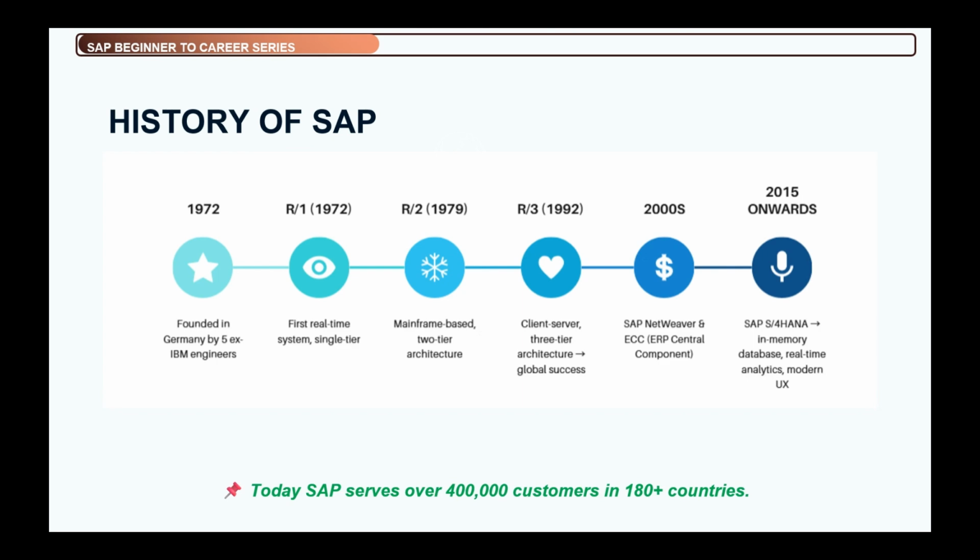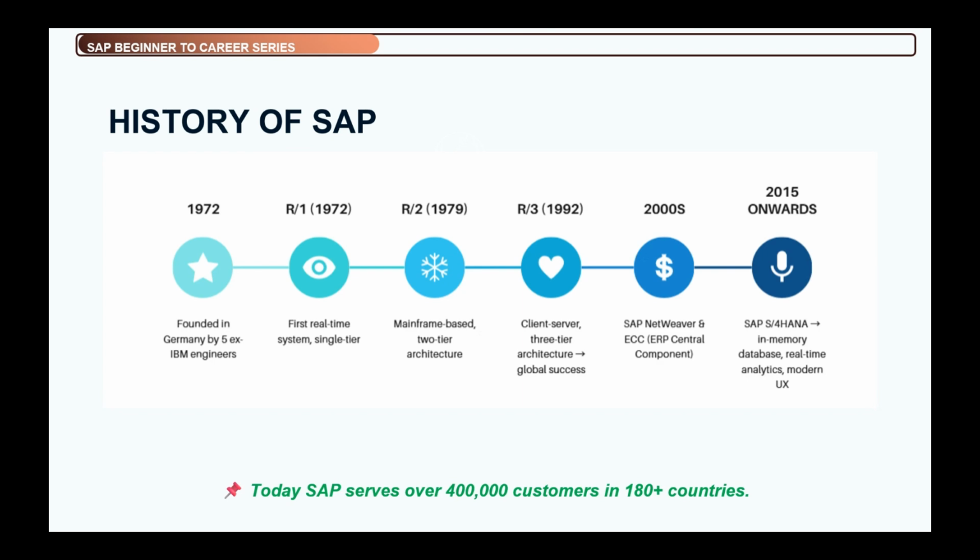I will be explaining those tiers in detail in upcoming slides. In 1979 they invented R2, a mainframe-based 2-tier architecture solution. They improved their SAP solution into R2 in 1979. In 1992 they invented the 3-tier architecture solution.